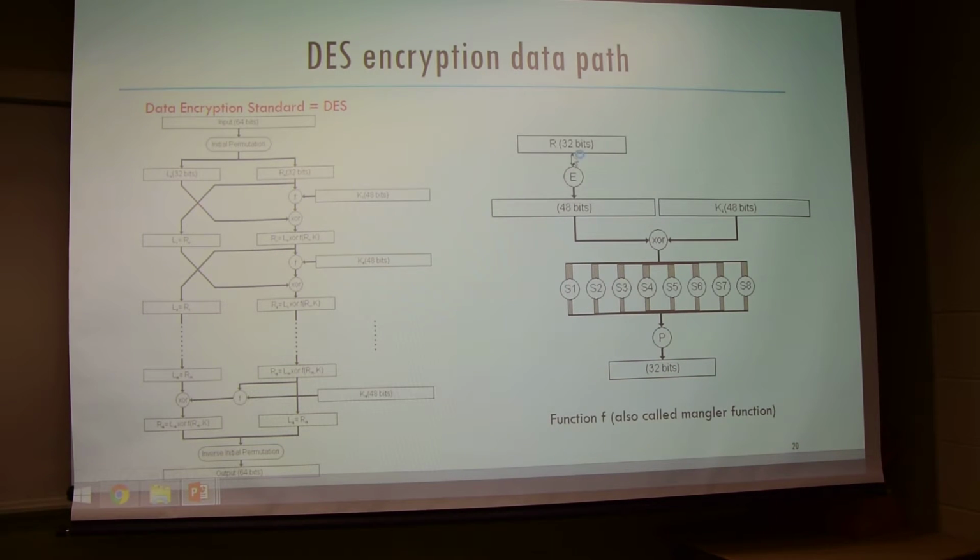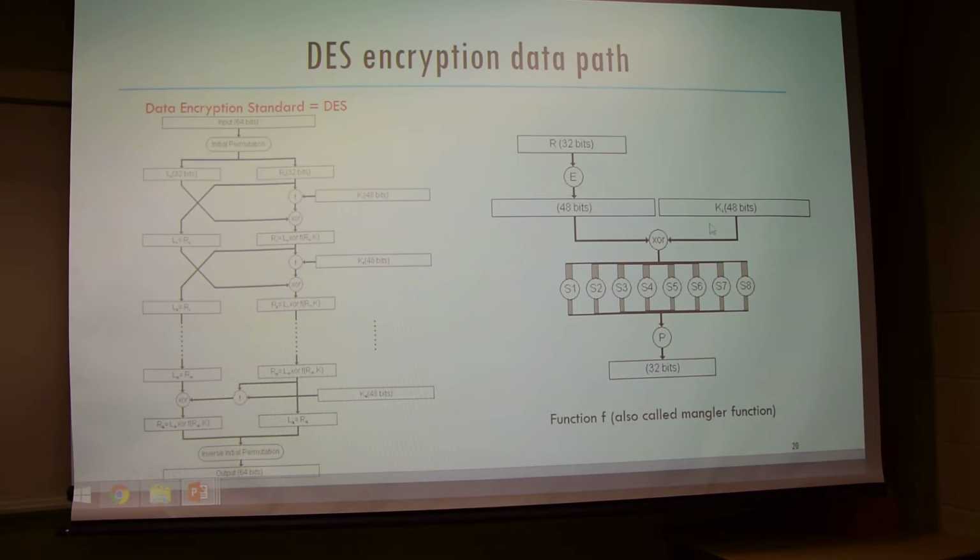It takes the right part of the previous round output, because here you have 64 bits, and then you partition it into two parts, left and right. So it only takes the right part, which has 32 bits, and passes it through one expansion function. And then you get 48 bits.